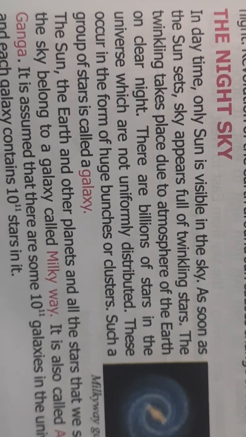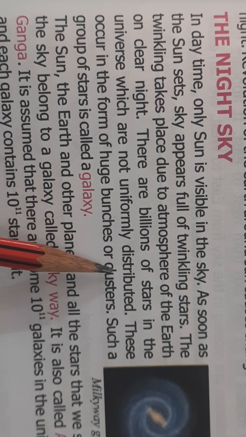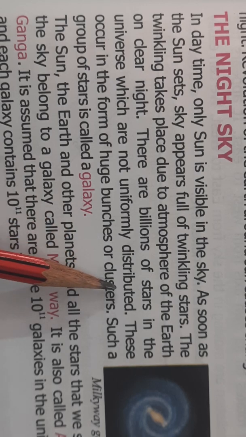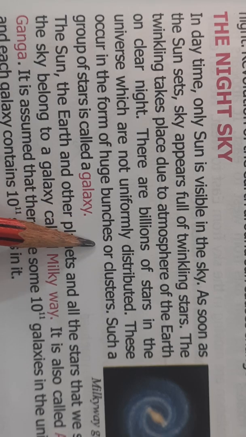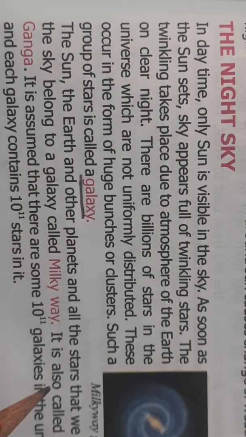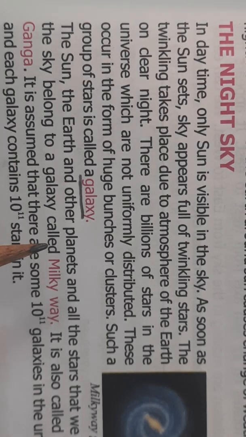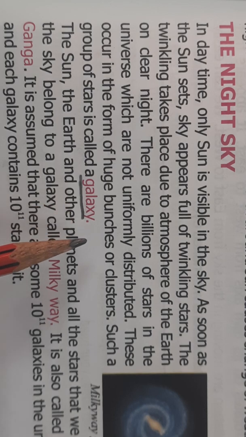You all know there are billions of stars in the universe and these are not uniformly distributed. These stars occur in the form of huge bunches or clusters, and such a group of stars is called a galaxy. So what is a galaxy? A galaxy is a group of stars which occurs in huge bunches or clusters.